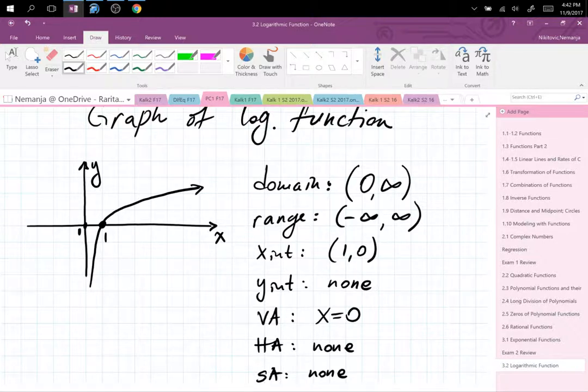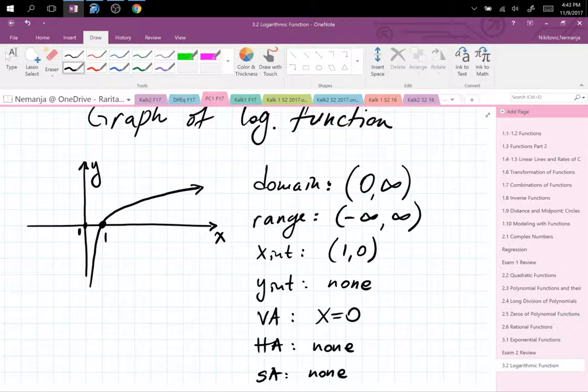X is negative infinity, nothing, negative 3, nothing, negative 2, nothing, negative 1, nothing. X equals 0, it starts, and then there is a function, there is function, and forever.